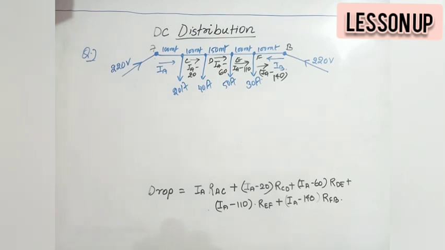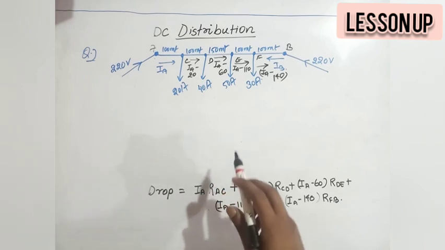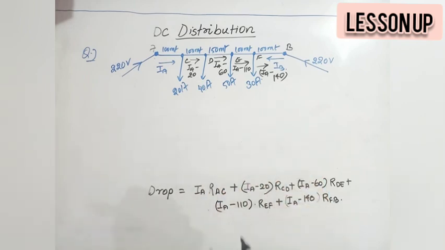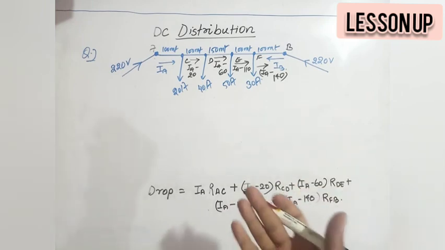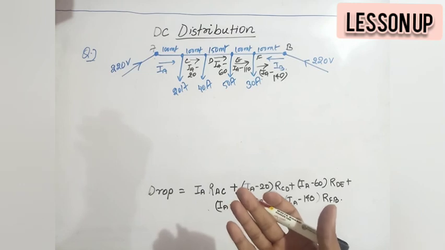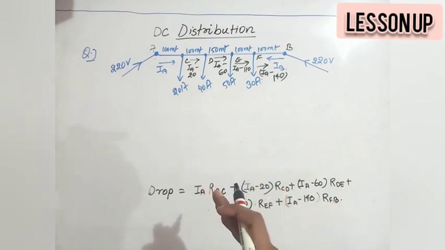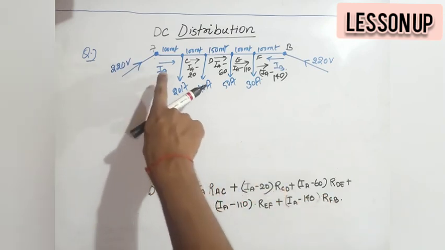Now we know the drop is equal to 0 and we need to calculate current IA. Resistance we know. In the question, it is given that resistance per conductor is 1.75 into 10 to power minus 4 ohm per meter. So we need to convert that resistance per conductor into resistance and multiply with the distance.